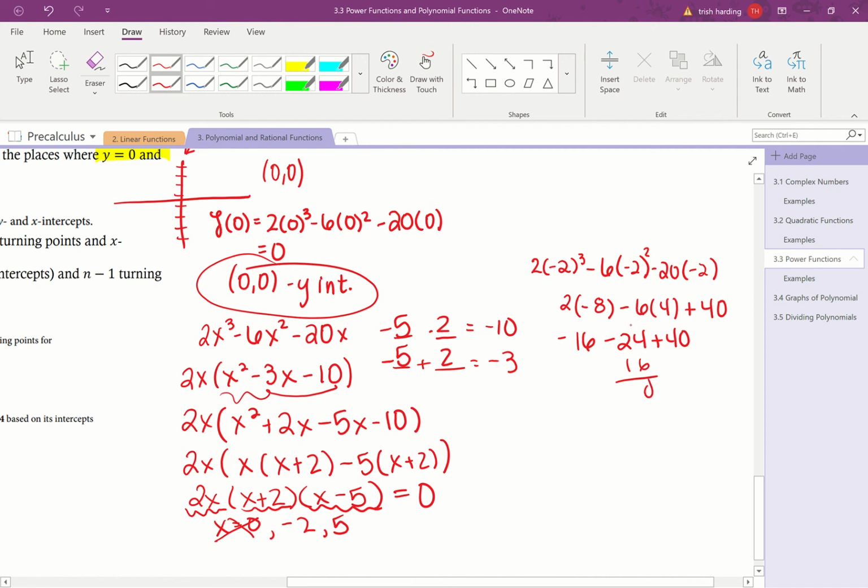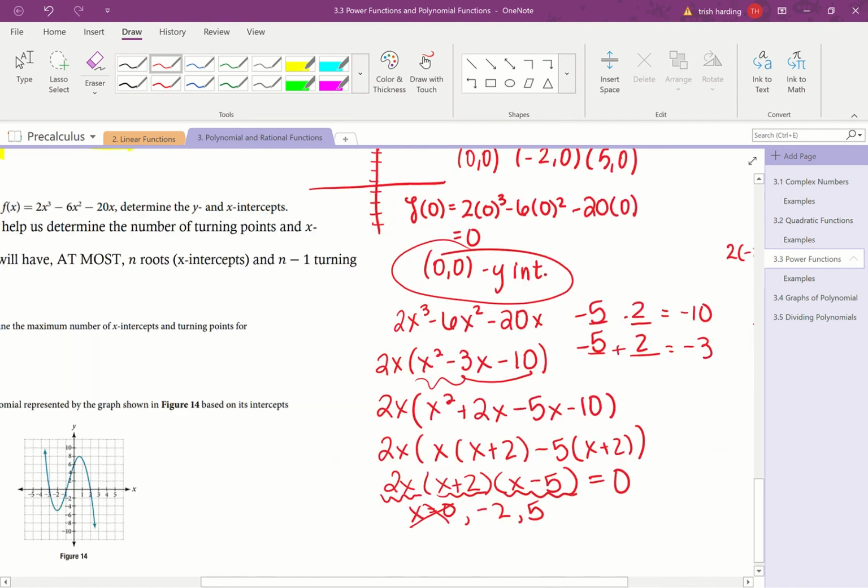And this is going to give us 0. So y is 0. Of course. Oh, right. Y is 0 for all of these, duh. So that makes -2, 0, 5, 0.